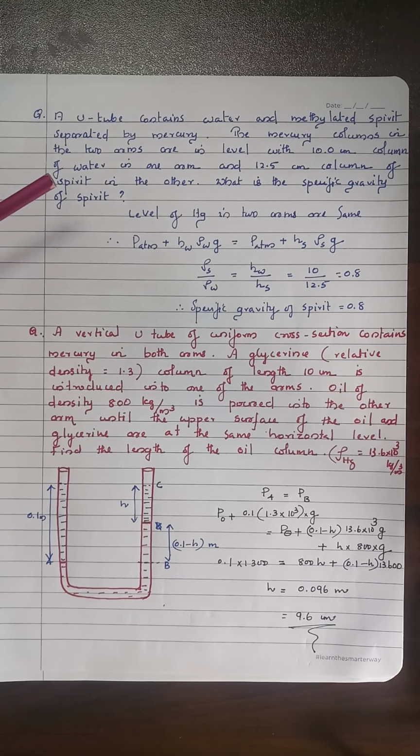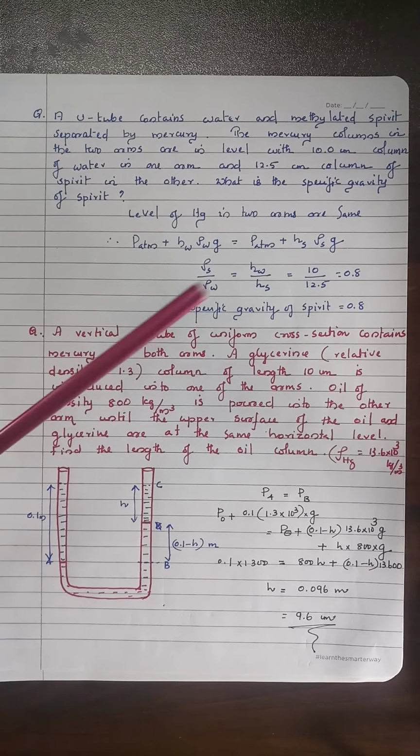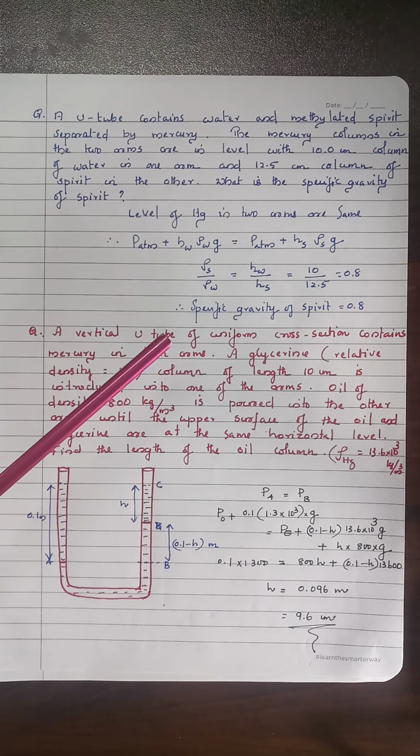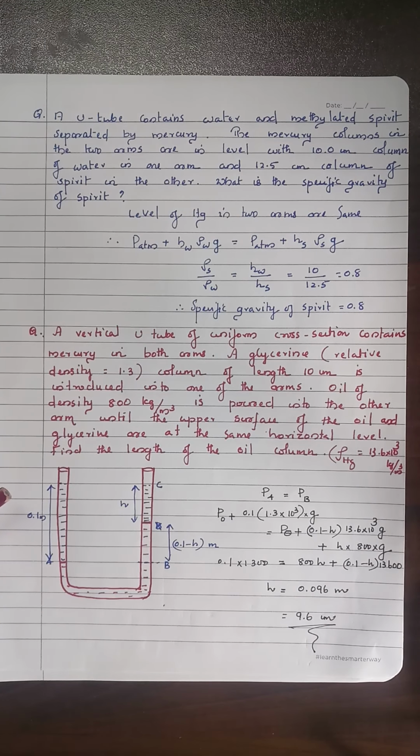Here the mercury is at the same height, and hence we can just equate the contribution of the different liquids in the two arms, for water and for spirit. The atmosphere cancels, so you get the value. The specific gravity of spirit means the density of spirit by the density of water.